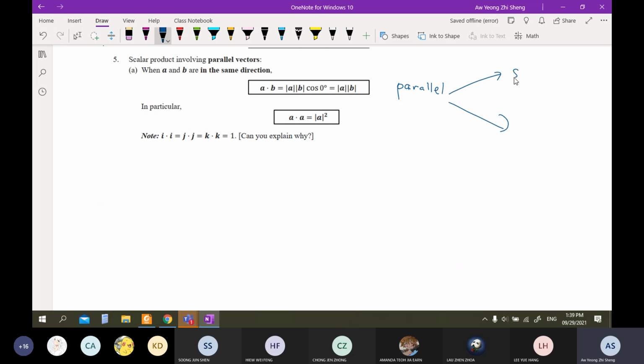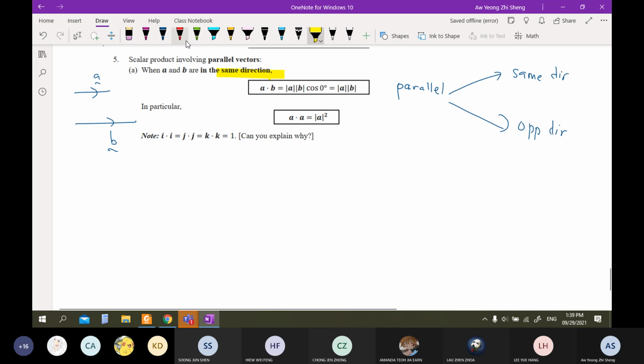The pair of vectors can have same direction or opposite direction. Here we are going to study the two possibilities separately. So here they say if vector A and vector B are in the same direction, one can be longer than the other. And they just say same direction.